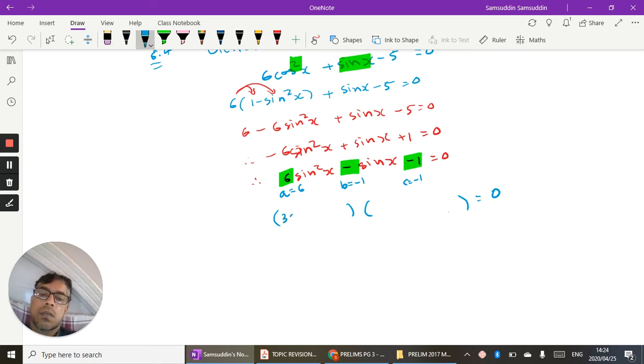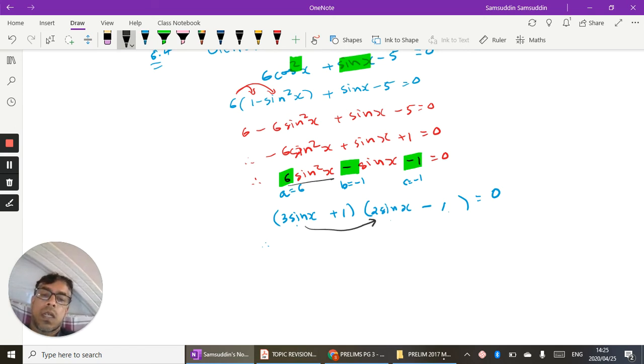6 sine squared x is made up of 3 sine x times 2 sine x. Okay. Then factors of 1 is 1 and 1, minus 3 plus 2. Okay, that might work. 3 sine x times 2 sine x, so I'm checking again.